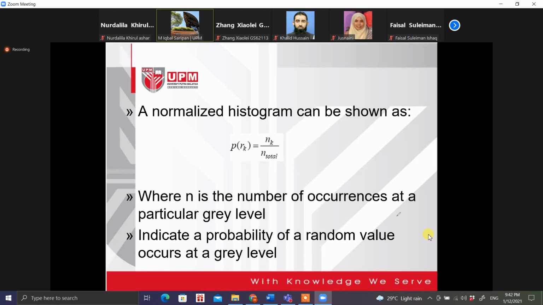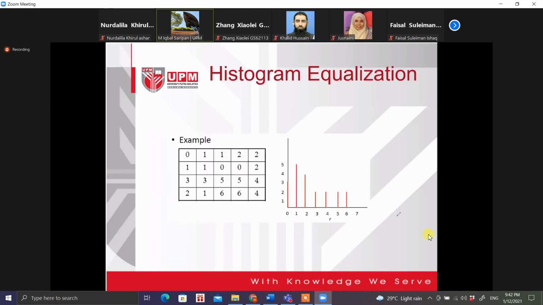All right, let's look at one example. After this example, we can finish our class tonight. We have a 5 by 4 picture, meaning the total number of pixels, K, is equivalent to 20, 5 multiplied by 4.